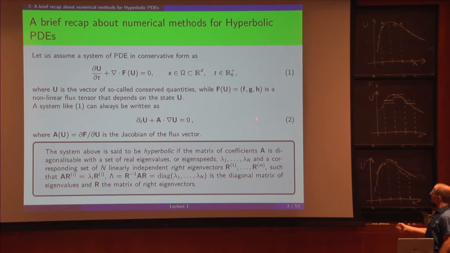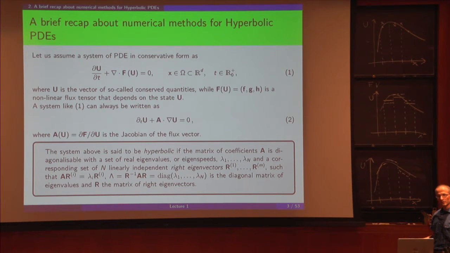Now, from 1, you can obtain the alternative formulation 2, which is just written in terms of the Jacobian, dF over dU, all right? And here comes our classification. If matrix A has a set of real eigenvalues and a corresponding set of independent right eigenvectors, we will say this is a hyperbolic system, which is what we like and have in several fields in physical science.